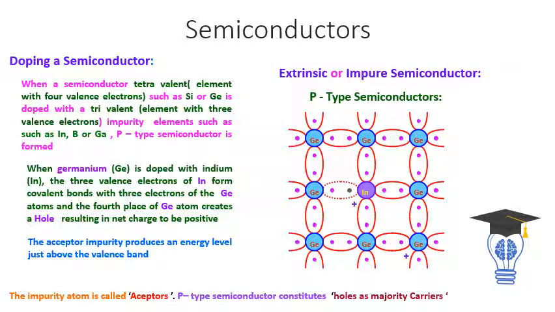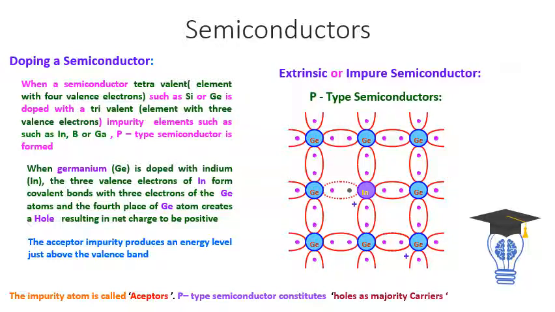That is, when germanium is doped with indium, the 3 valence electrons form a covalent bond, and the 4th place of the germanium atom creates a hole. So the net charge becomes positive.